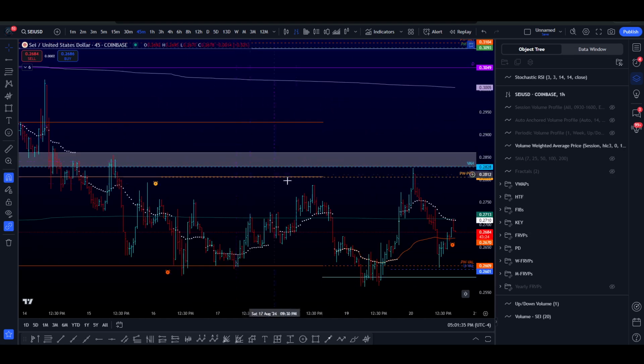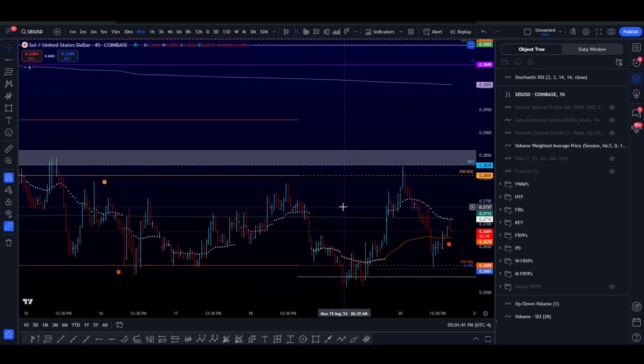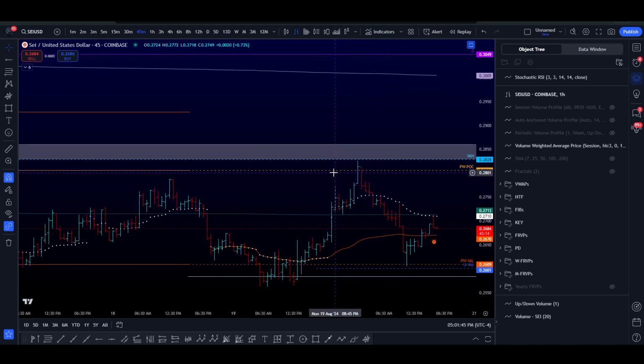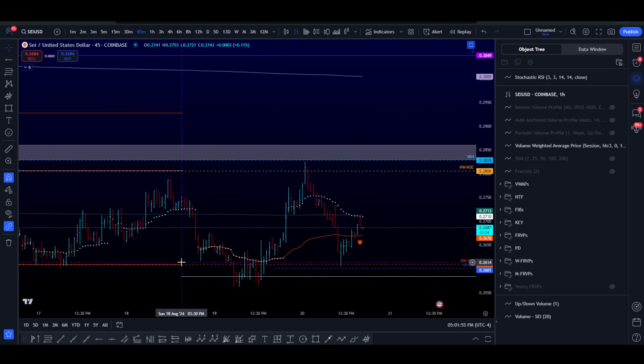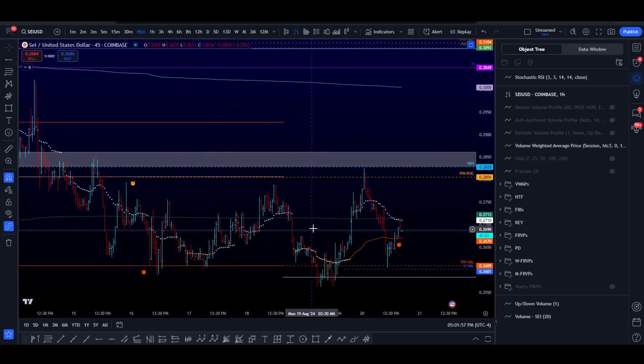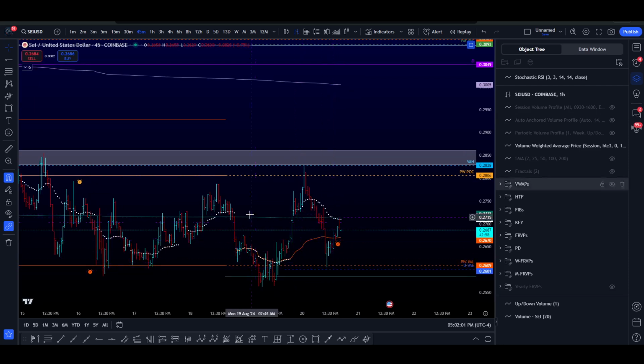So now, if we go back to where we are, you'll see that we're still basically right between that range, right? So historical values matter a whole lot. And as you can see, even though we went through the point of control, the value area high of that historical range is still pretty relevant because that's where price stopped before retracing back down to the value area low of the range, right?